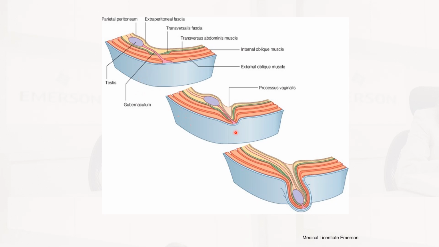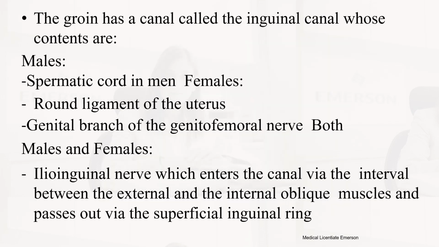Then you have the processus vaginalis, and it will descend right into the scrotum. That's the descent of the testis.